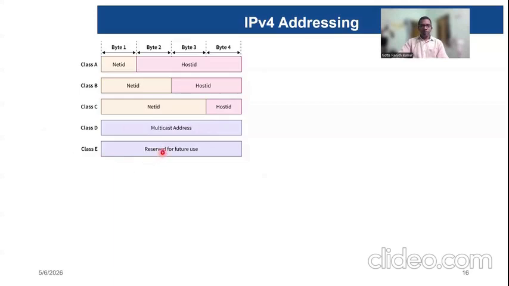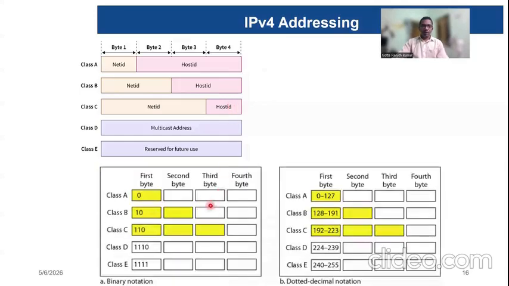So in general, we use only the first 3 address classes, class A to class C. Here each one is divided into 2 parts, network ID and host ID. Then how do we identify, whenever an address is written, whether it belongs to class A, B, C, D, or whatever it is? That will be identified based on this.